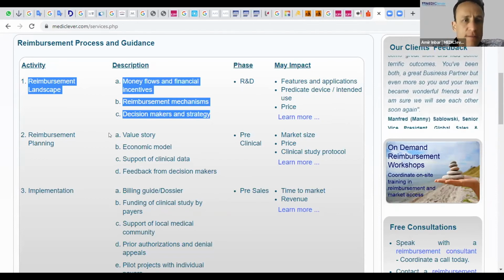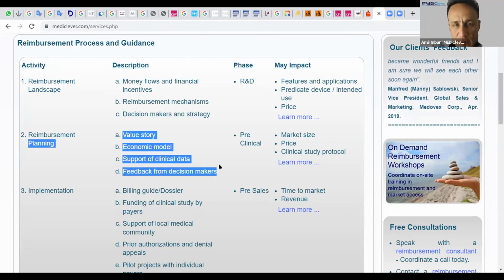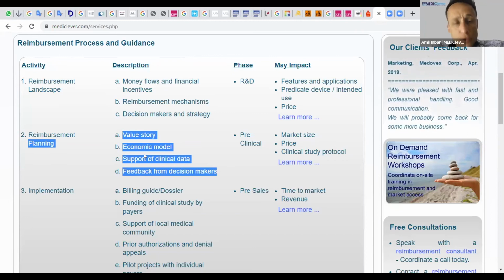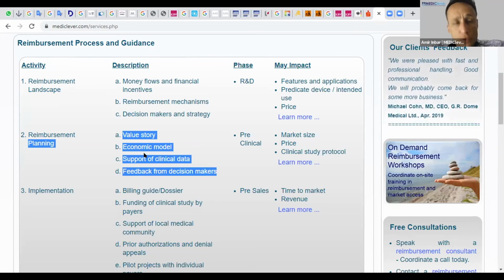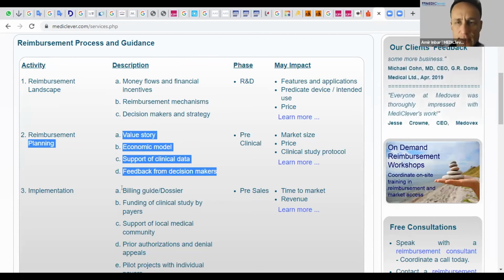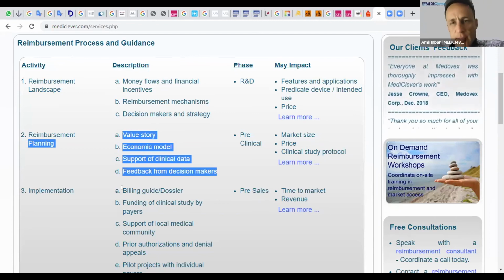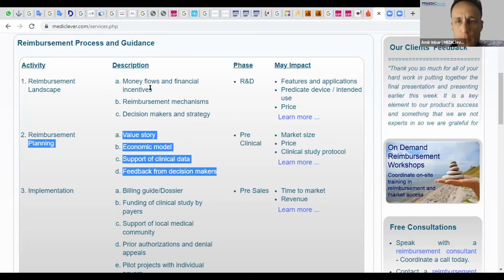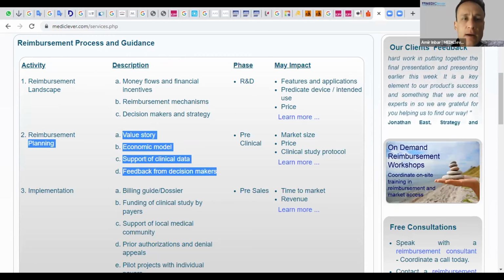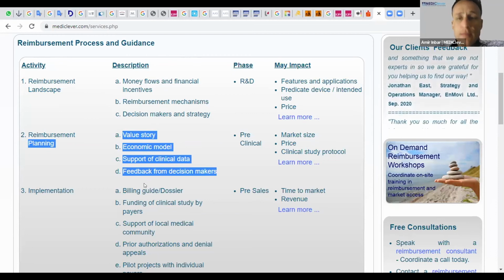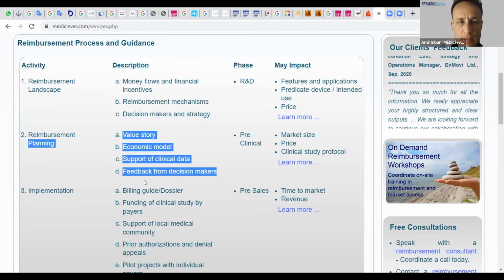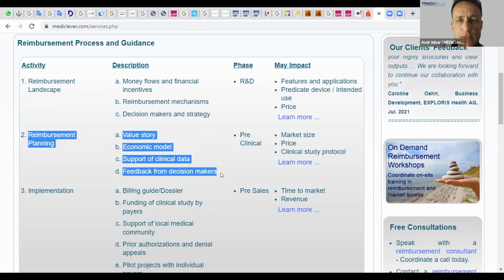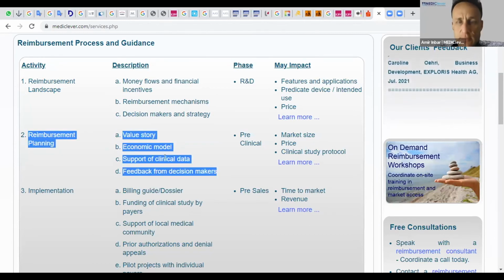However, if they already have some of the documents that we typically develop during activity 2, we could use these documents when we either go to convince healthcare providers to use their products under existing reimbursement mechanisms, if we find any, or work with the local medical community in each country and convince payors to develop new reimbursement mechanisms for them. So if they already have some of the documents developed during activity 2, we could certainly use them in other countries.